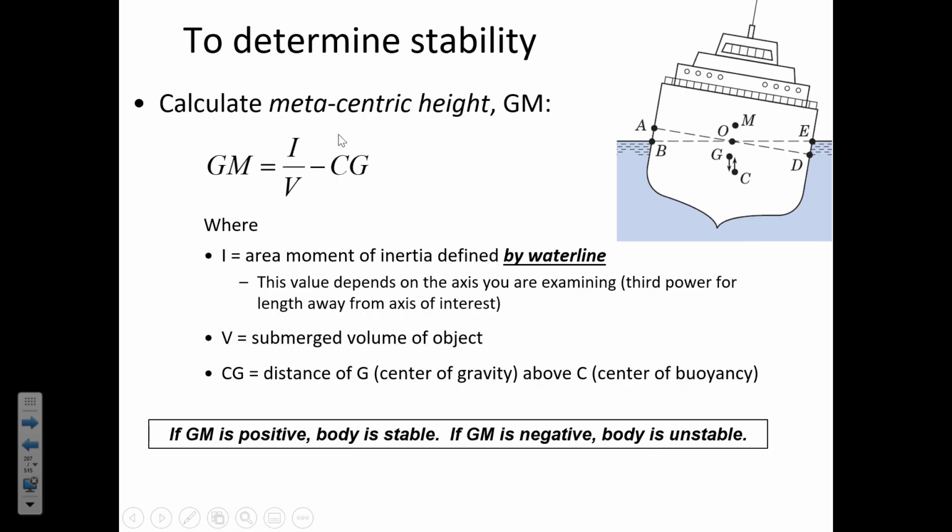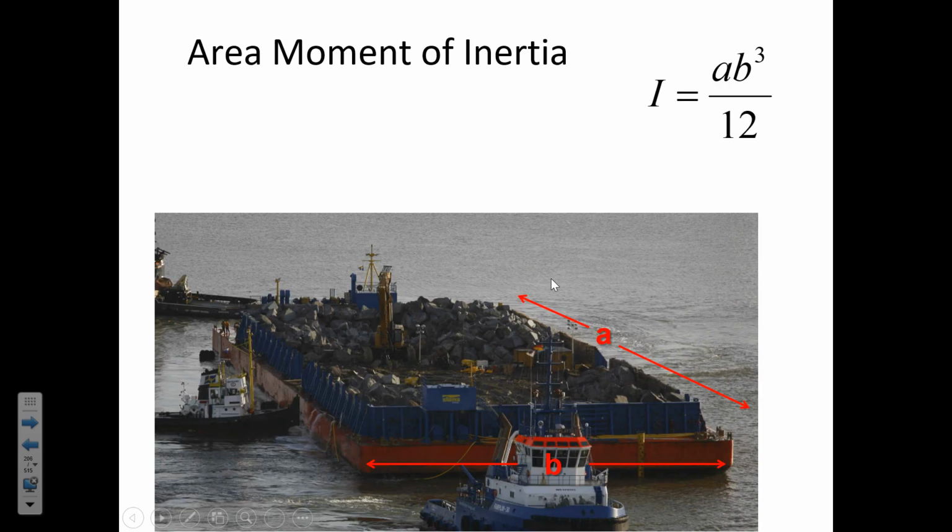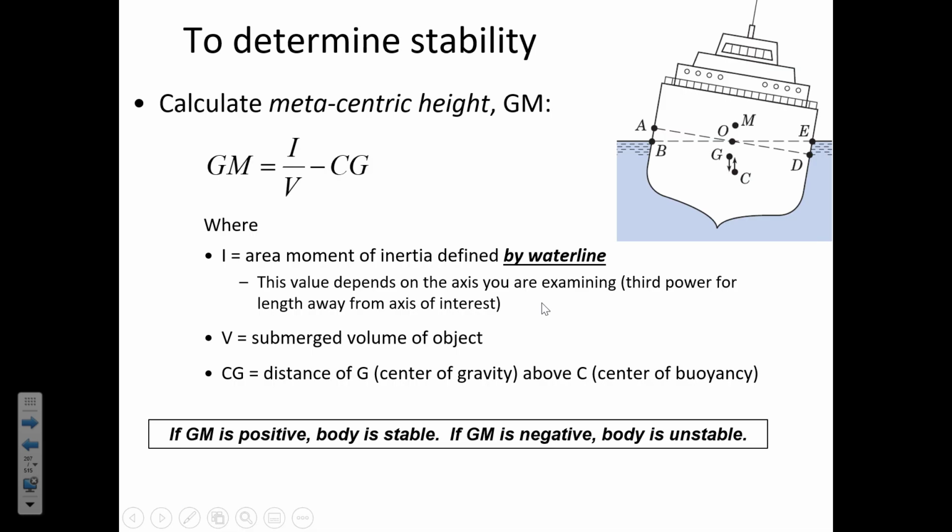Okay, so here's the formula for calculating the distance between M and G. GM is called metacentric height, and it's a distance term that has units of length, whether it be meters or feet or whatever. So what you do is you calculate the area moment of inertia defined by the waterline, like a top view area moment of inertia.